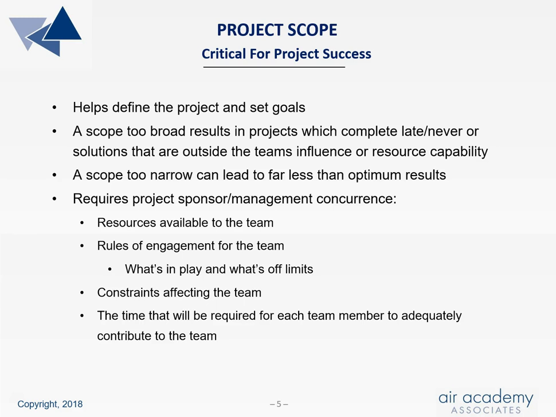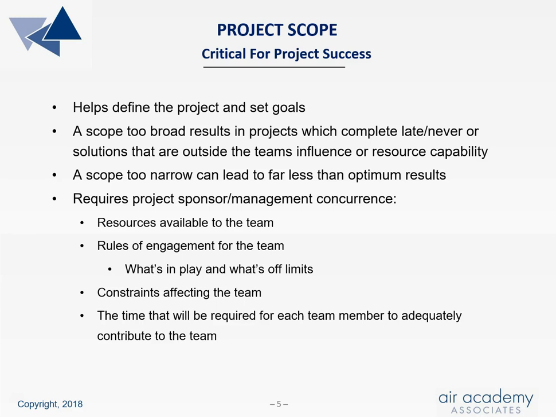It is critical to scope the project properly. By doing so, the project can be properly defined and the project goals appropriately set. Scoping the project too broadly can result in the project taking too long or actually never being completed. In addition, a scope too broad can result in a solution that is outside the team's sphere of influence or require more resources than the organization can provide.